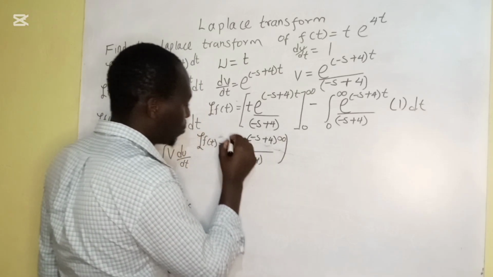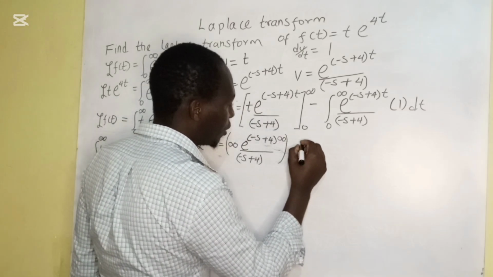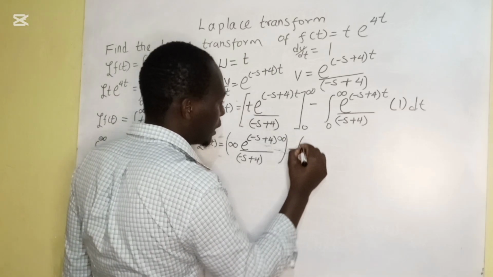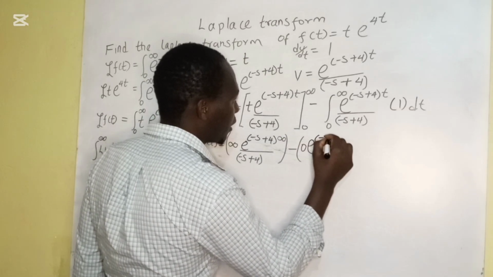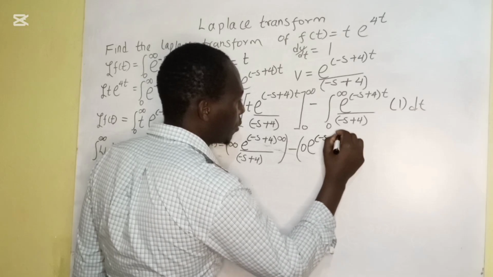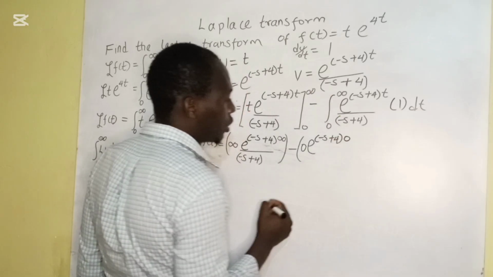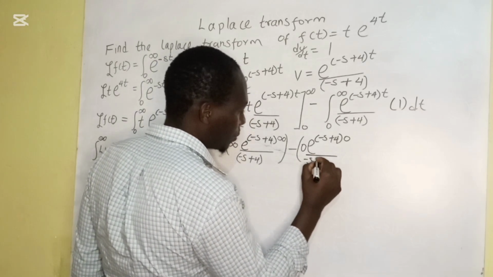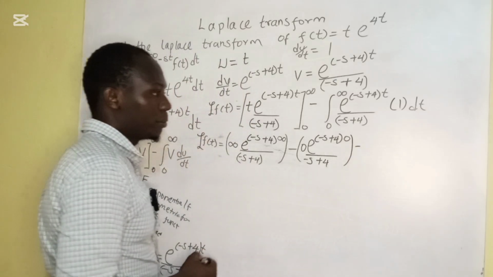This is our first bracket. We subtract from here. We are going to have our lower limit 0, exponential negative (s + 4), our term of t, we insert our limit there, everything all over negative (s + 4). We subtract from here.